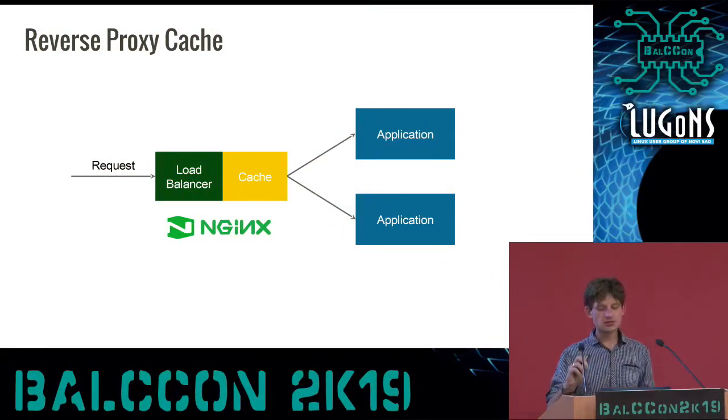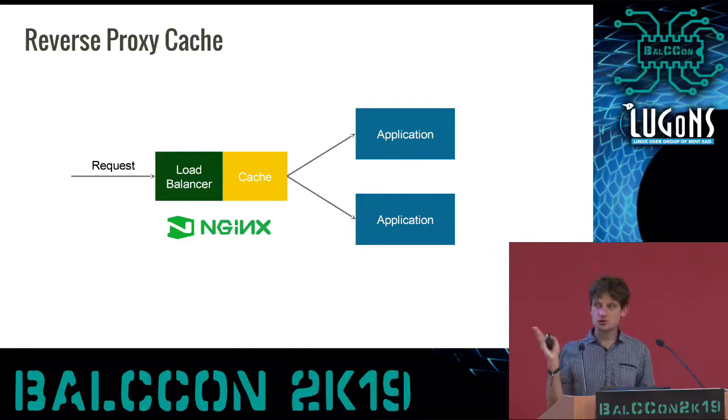Again, the request comes to our system to the load balancer, but just after the load balancer, you have a cache. So it's cached at the HTTP request level, and then in this yellow box, it's checked if the request was already executed, and we can reply with the cached response, or if there is no cached value, then go to the application.